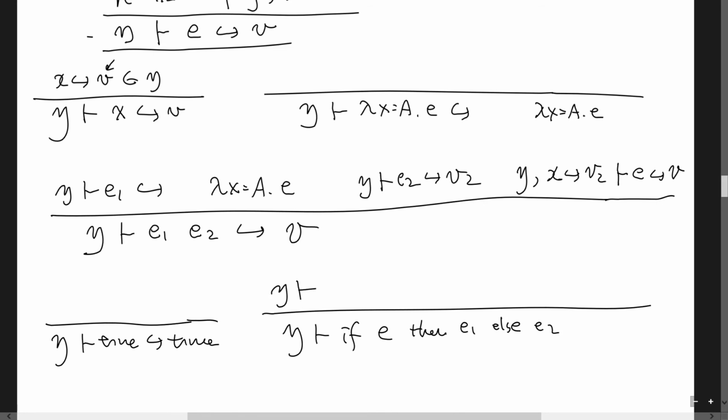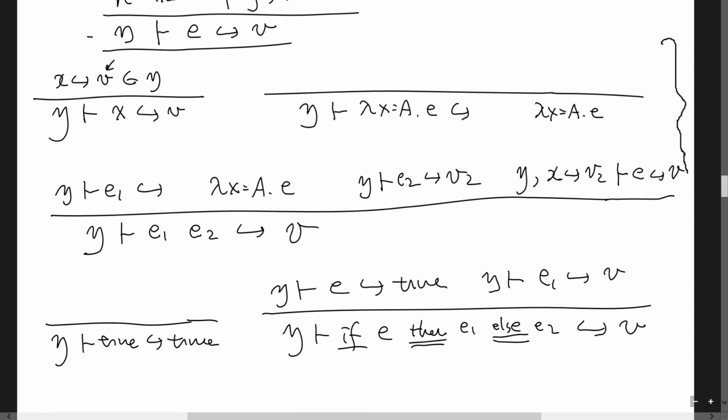We have to evaluate the expression E. Let's say this one produces true. Then we take this then branch. So evaluate the expression E1, and let's say the result is value V, then the whole expression evaluates to value V. And there's a symmetric case for taking the else branch.